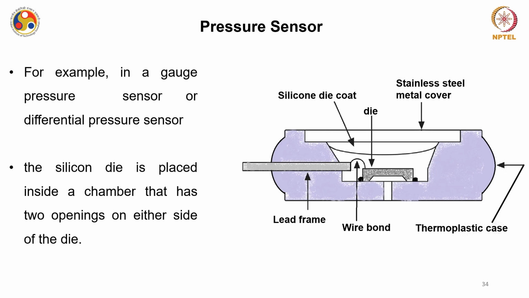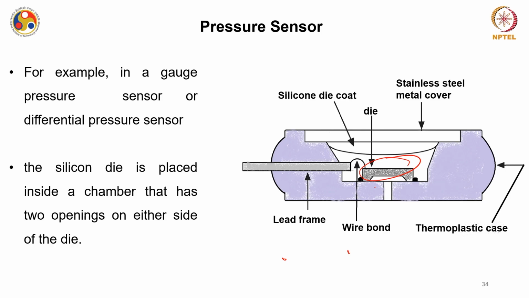For example, in a gauge pressure sensor or a differential pressure sensor, the silicon die is placed inside a chamber that has two openings on either side of the die. This ensures that two different pressures, PA and PB, can be applied in this kind of device.